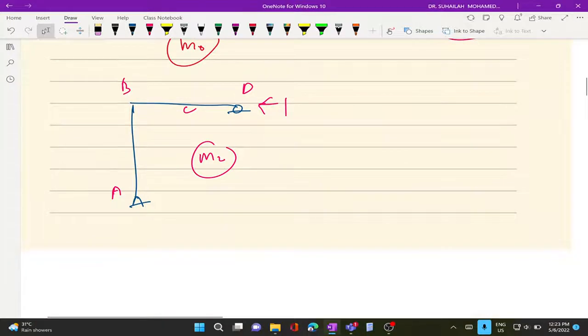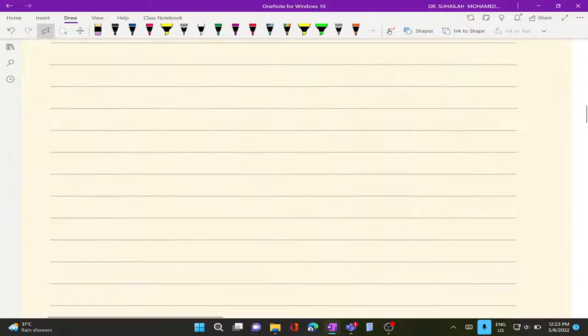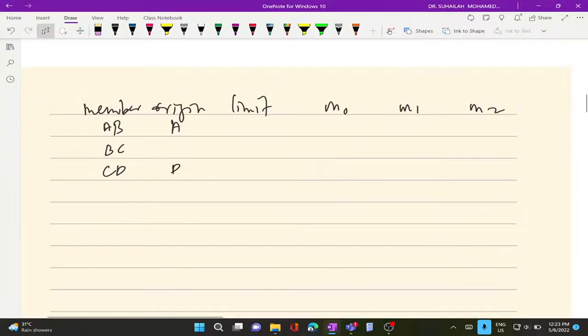BC can be B as origin, can be C as origin. Let's say I choose B as origin. Okay, so limit, as I mentioned just now, bila nak letak limit, AB origin tu either A or B, limit dia mesti start dengan 0. Sama juga BC, bila origin dia either B or C, limit dia mesti start dengan 0.